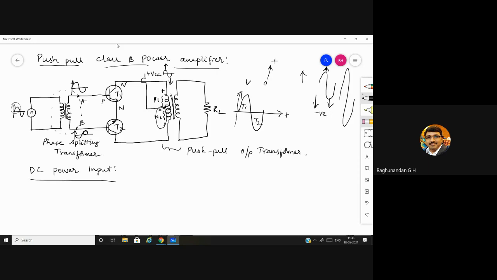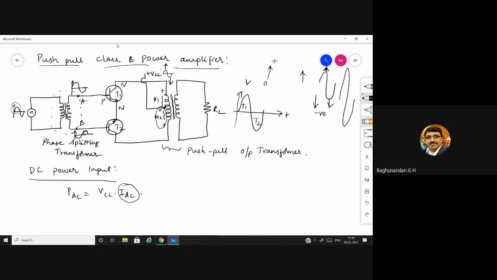So for this DC power, we have the formula: PDC is equal to VCC into IDC, right? VCC is as usual, but we need to know what this IDC is.